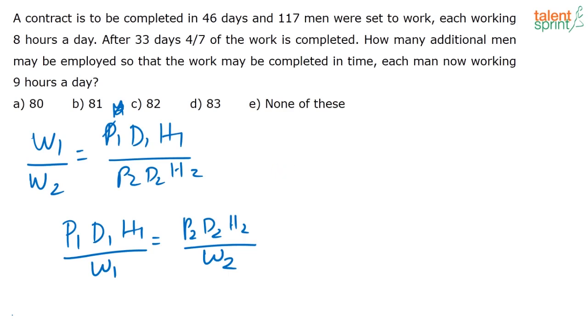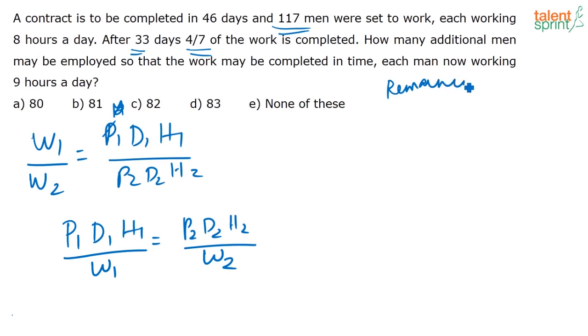So first there is a group, they are finishing 4 by 7 of the work. Now there is another group. Leave that the work was to be finished in 46 days; there are 117 men, they are working for 33 days, and they finish 4 by 7th of the work. Now how much work is remaining?